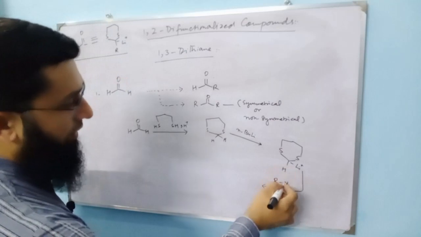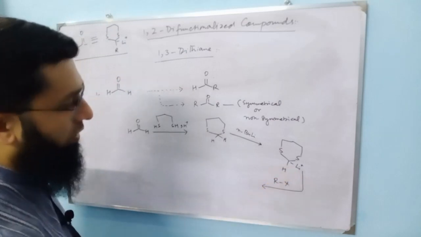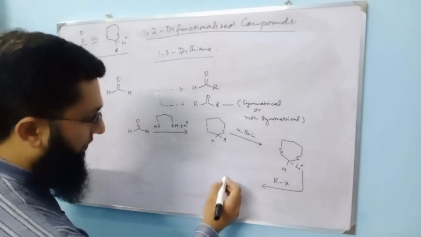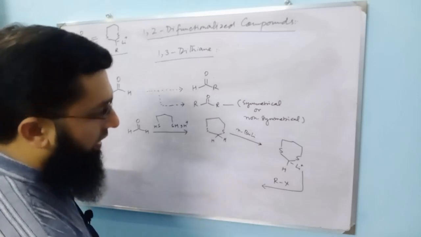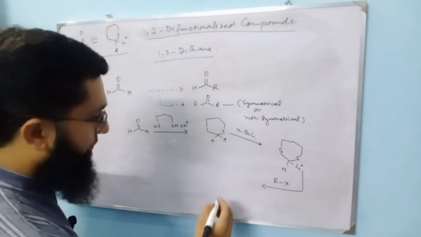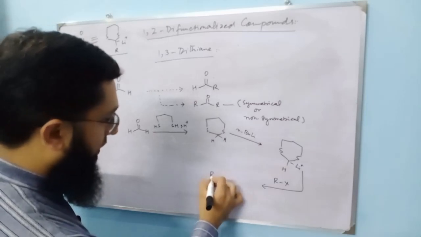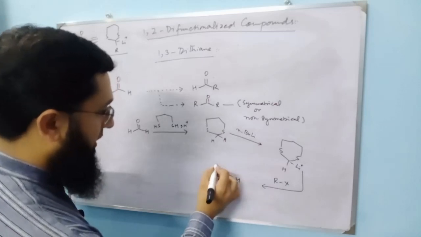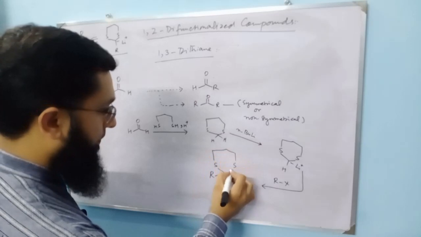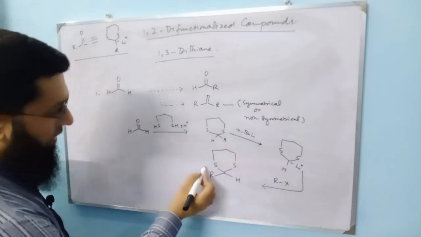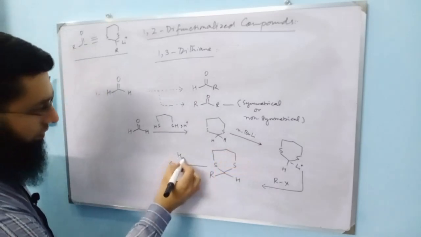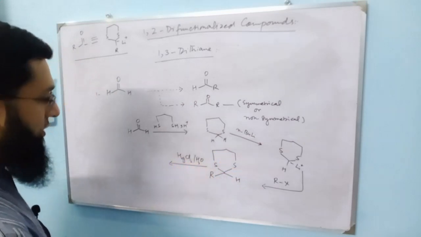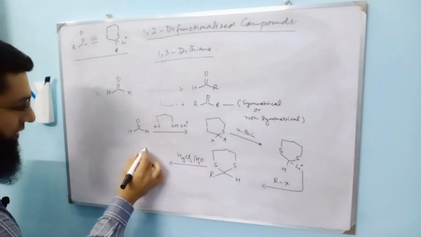It would attack here, and the halide will be eliminated via, in general, an SN2 reaction, via a nucleophilic substitution reaction. And we will get this. And after hydrolysis using HgCl2, we will get the aldehyde.